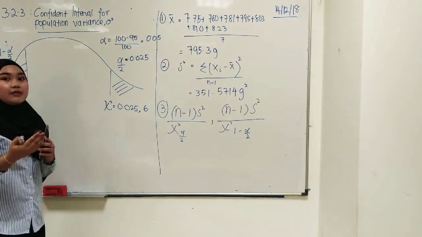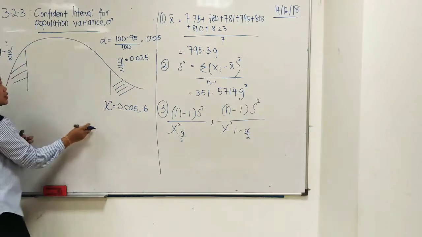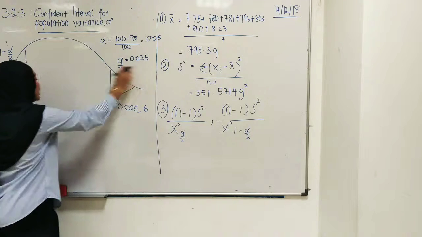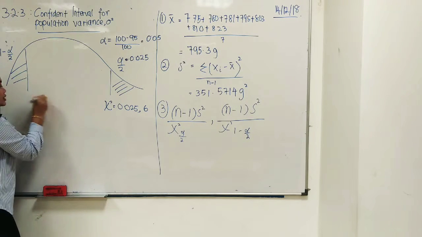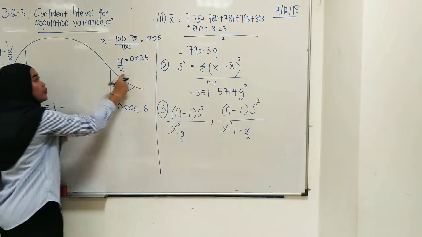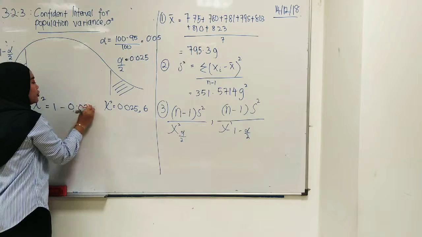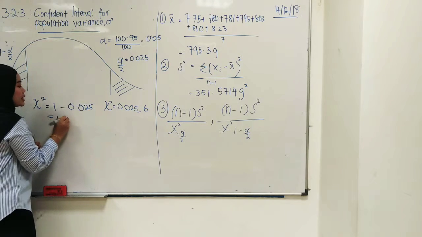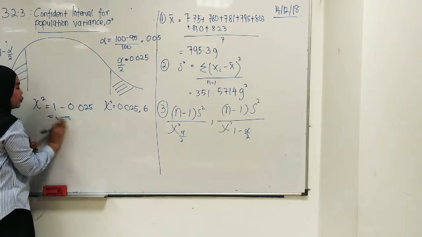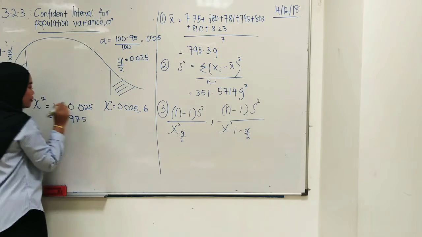Using the alpha over 2 that we already calculated, 0.025, 1 minus 0.025 gives us 0.975.